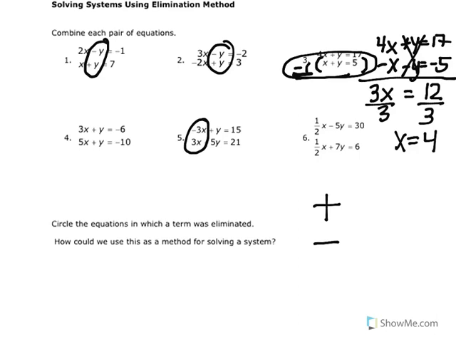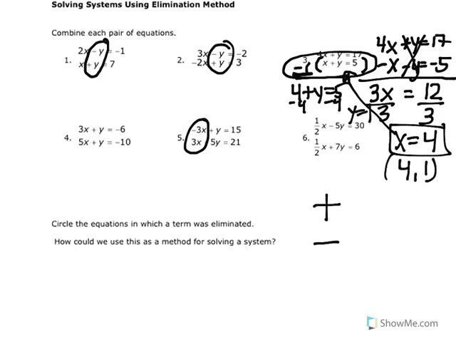So now once you have x equals 4, you can plug that back into the equation. We do 4 plus y equals 5, subtract 4, and you get y equals 1. So we have (4, 1) is our solution to number 3.